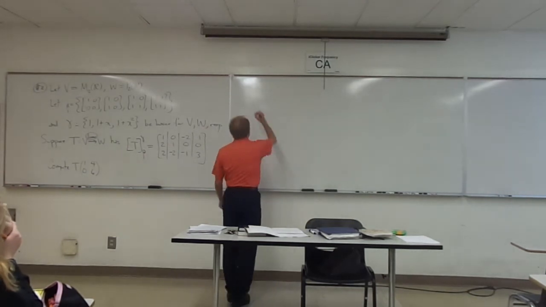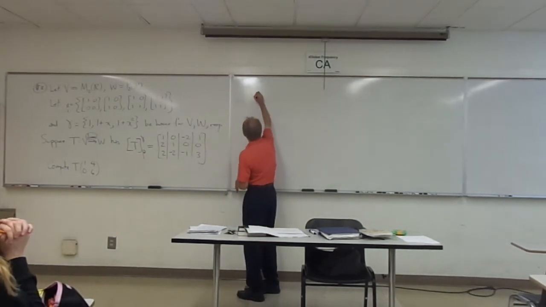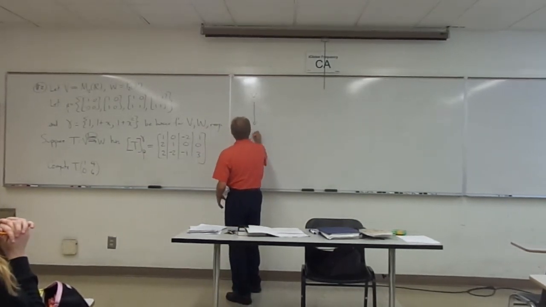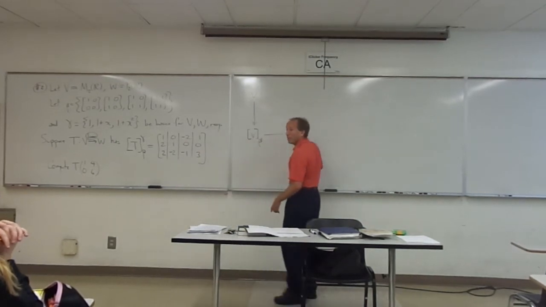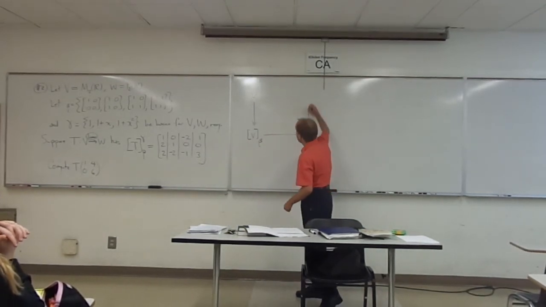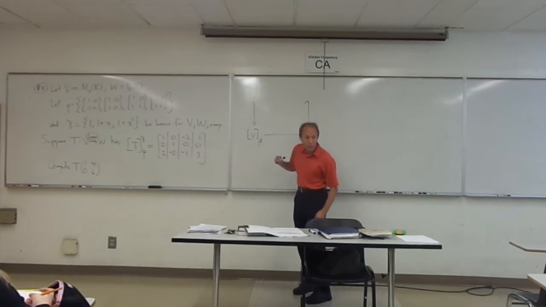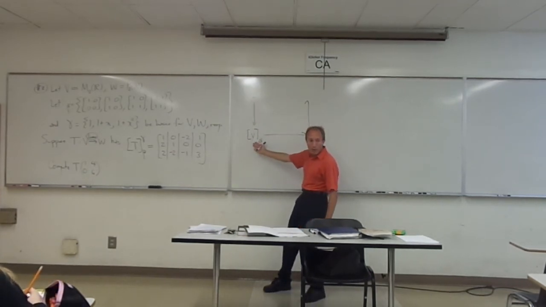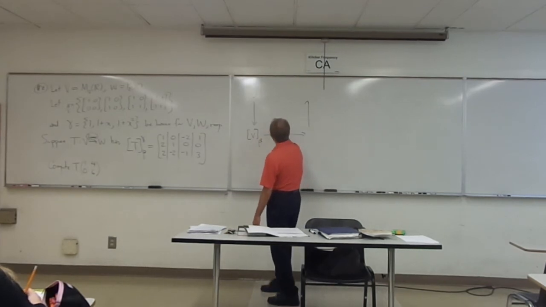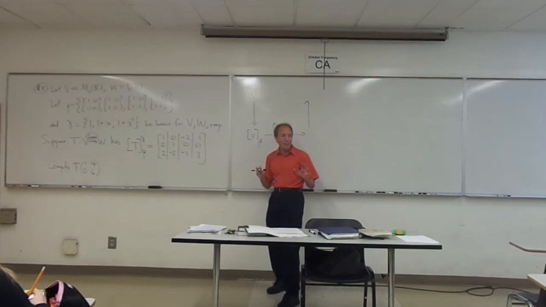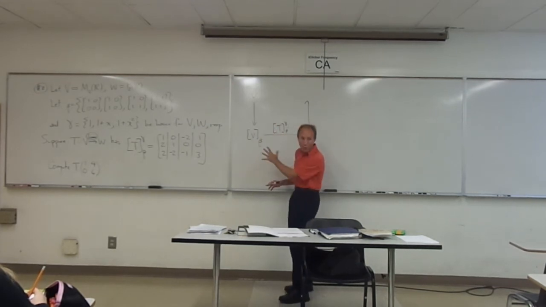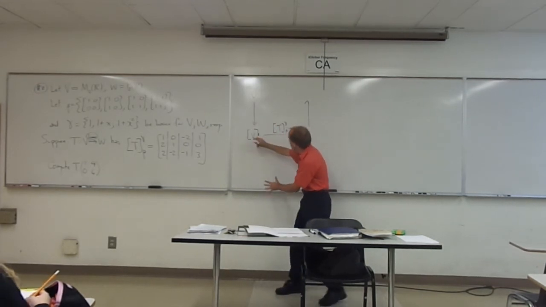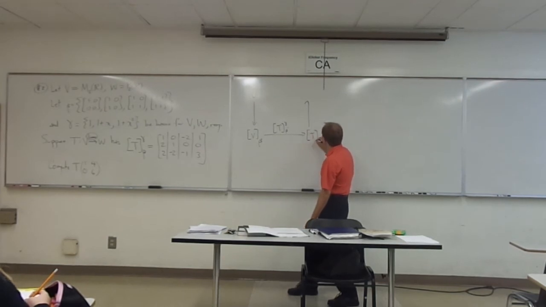Exactly. Okay, so guys, what this question is asking you to do is really to do this diagram. It's forcing you to do that diagram that I showed you last week, right? In other words, start with your vector that you want to input, write down its coordinate vector, then multiply it by the matrix representation.